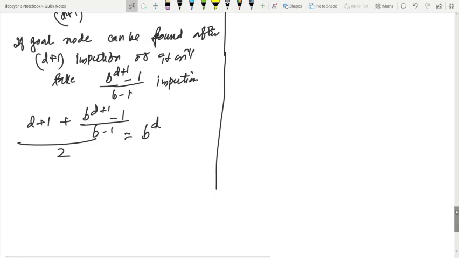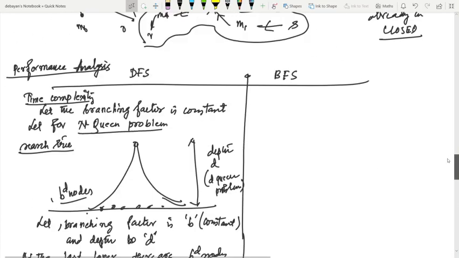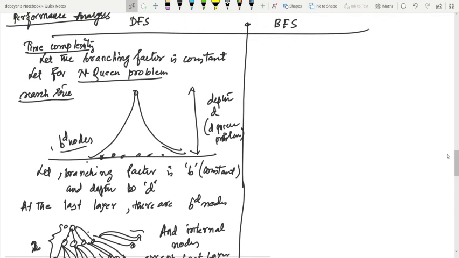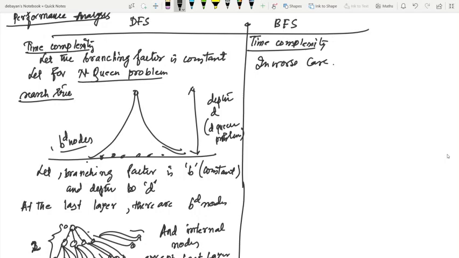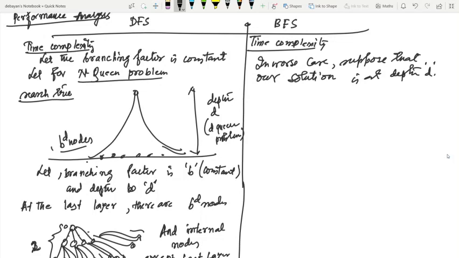Now if we consider BFS and its time complexity, in the worst case, suppose that our solution is at depth d.